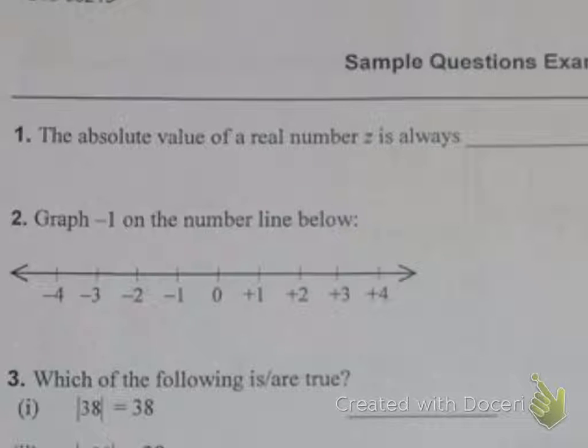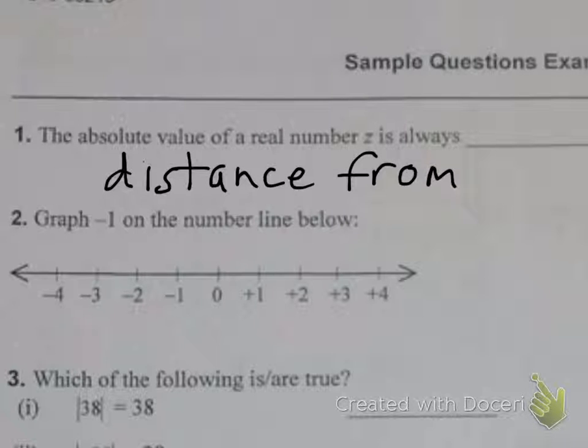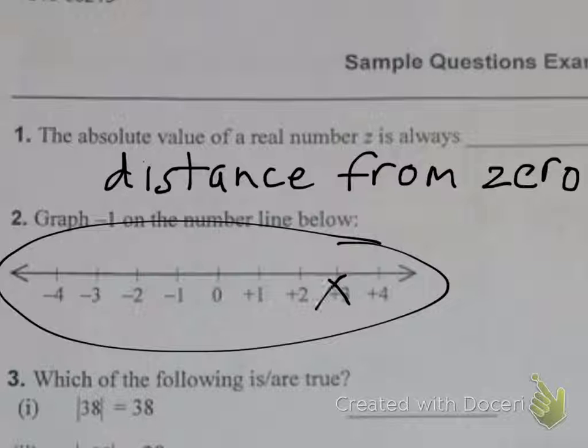Okay, for number 1, it says the absolute value of a real number z is always its distance from 0. So it's always how far it is from 0. If we take a look at this number line here, we can see that the positive 3 is 3 hops from 0.